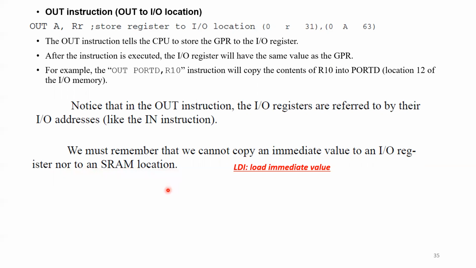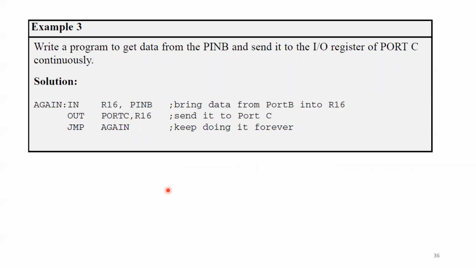As we discussed earlier, we cannot copy a certain value directly, but we have to use registers in order to store the data firstly in registers, like using LDI, and then copy the data from the registers to the input-output or memory location.